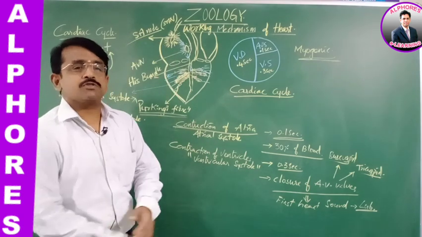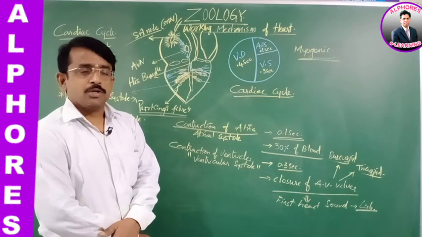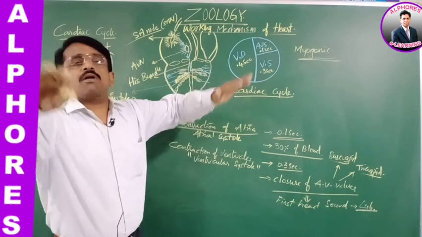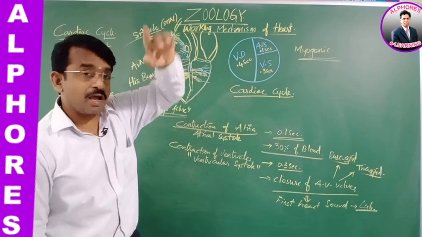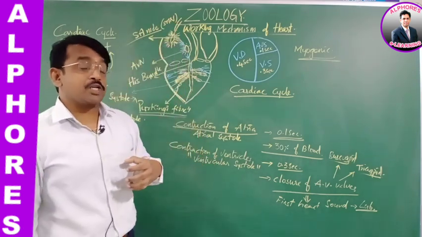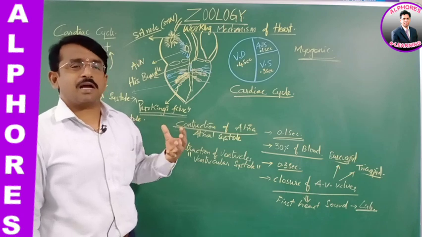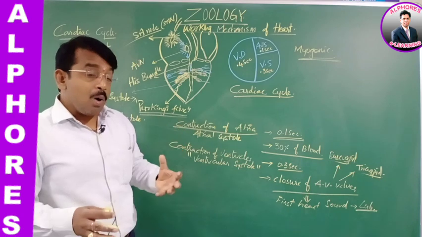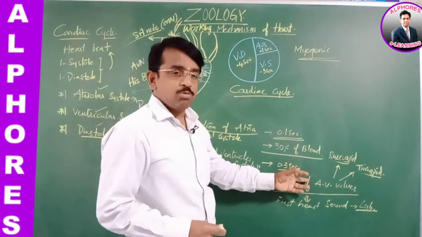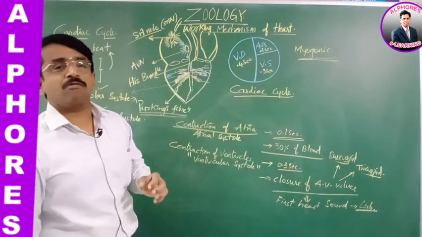When the AV valves close, that is due to the ventricular systole, the atria relax. When the pressure in the ventricles increases further, the atria relax. Now this increased pressure closes the AV valves and opens the semilunar valves.